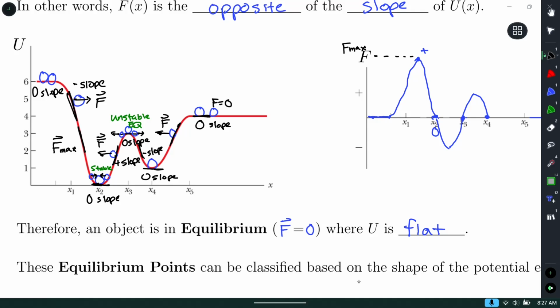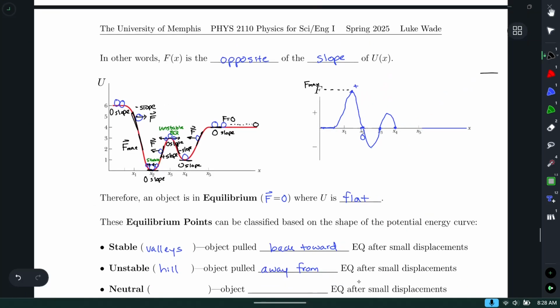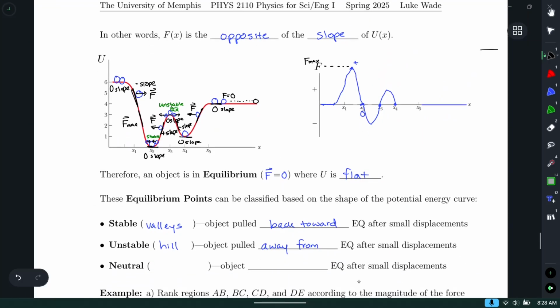If I've got something that's moving but feeling zero force, what's it going to do? It'll just keep moving however it was moving. That's the inertia of the object. It says just keep moving however you were moving if you're not feeling a force. So in these neutral equilibrium points, it's very easy to get something moving and just have it coast indefinitely. And so this thing will just kind of keep on coasting off to the right for as long as it cares to until it runs into some other variation in potential energy.